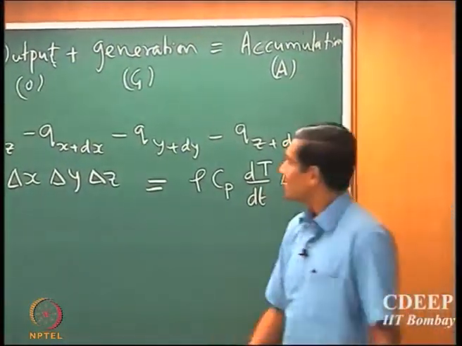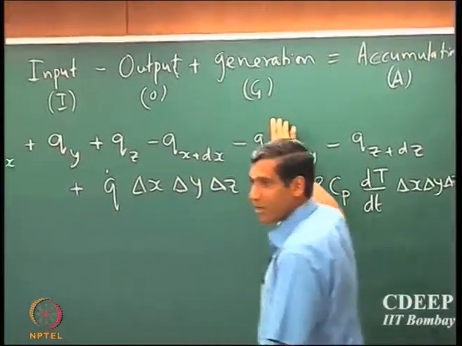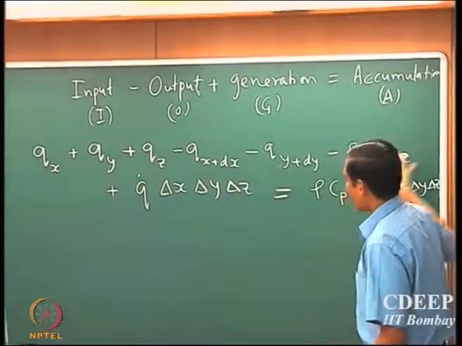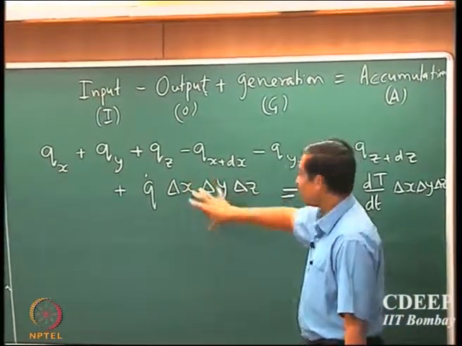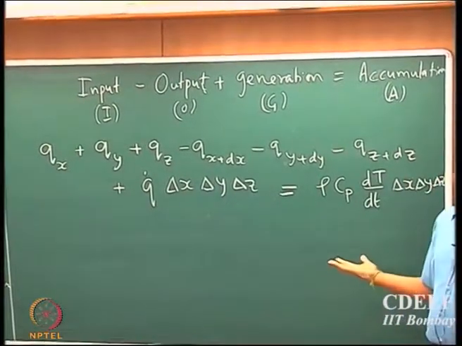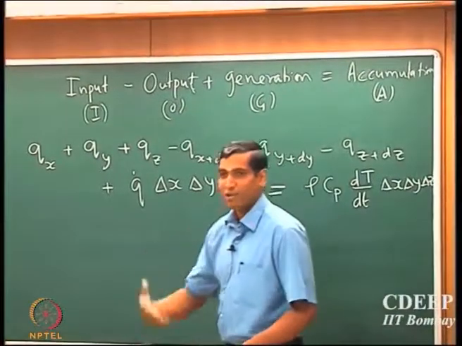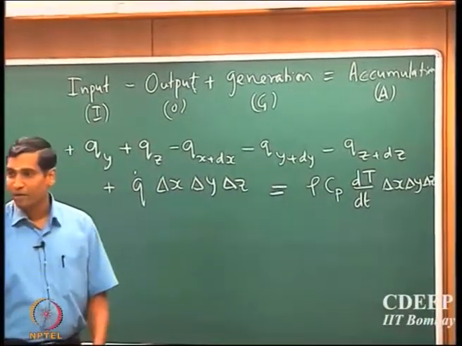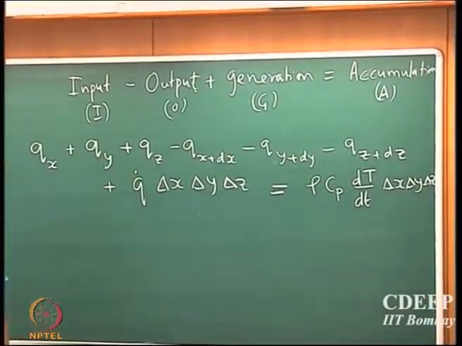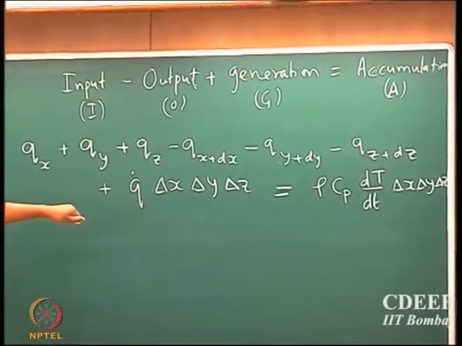It is very simple. Input, minus what goes out, plus whatever is generated, should be equal to whatever is being accumulated. This term tells you the amount of energy that is being stored by the system because of the heat transport process.